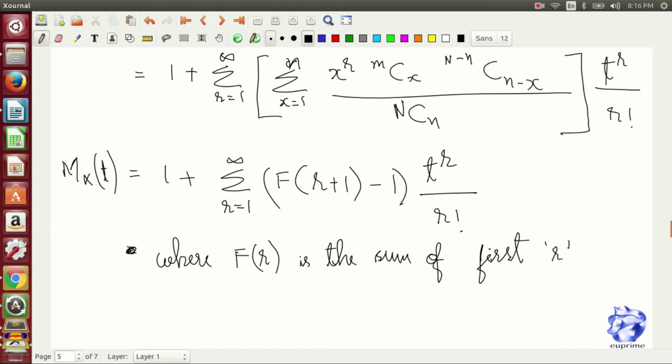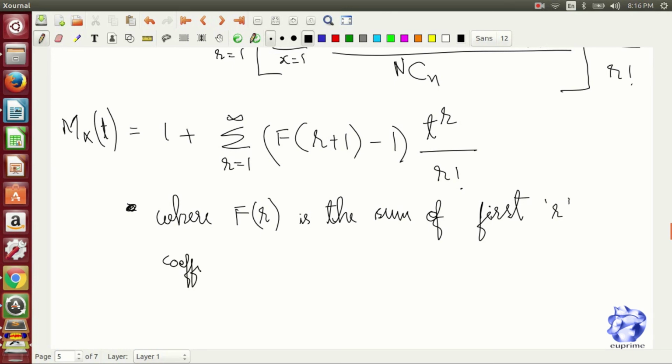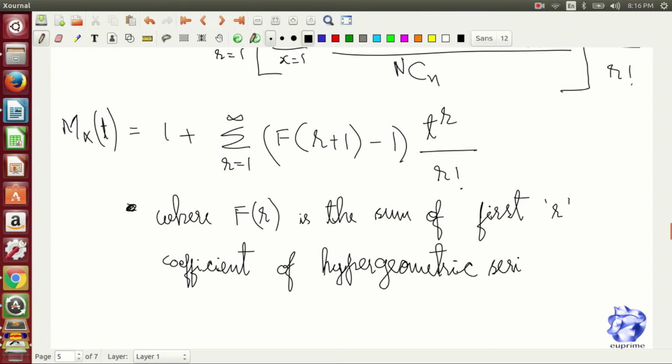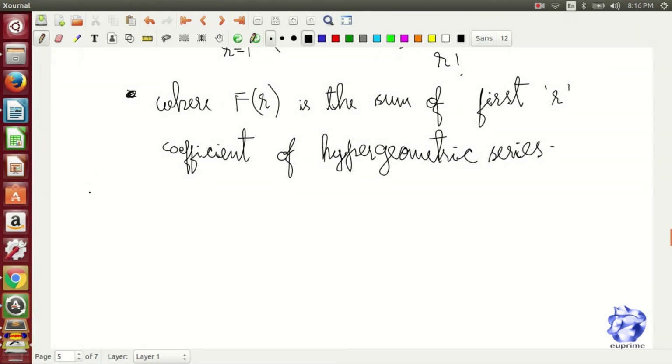We are introducing a new term capital F of r, which is the sum of the first r coefficients of the hypergeometric series. So in this way we calculate central tendencies for the hypergeometric distribution and also the moment generating function.